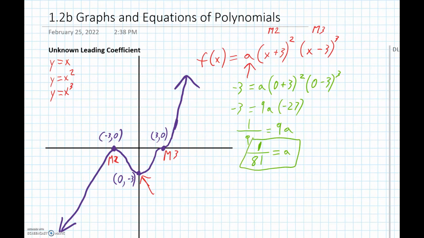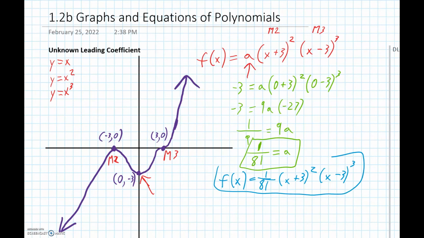Then what you finally do is you plug that back in, because most questions won't actually ask you to find the leading coefficient. What it will say is find the equation of the function below, or function f of x, or whatever it'll say. So what you actually usually have to write is this whole thing, which would give us the graph that we have in purple.